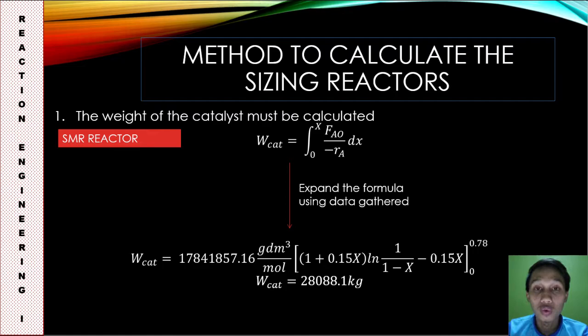So first and foremost, the weight of the catalyst must be calculated. So we need to find the value of the weight of the catalyst. We will use the formula for a packed bed reactor, which is W, the weight of the catalyst, equal to the integration of FA0, which is the inlet flow rate of methane, over negative RA, which is the reaction rate for the reaction.